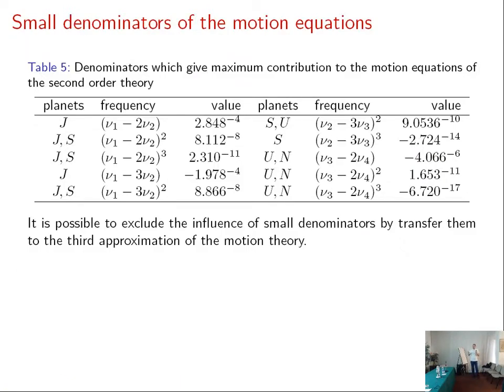Denominators which give maximum contribution to the motion equations of the second order theory are given in this table. The greatest contribution to the difference between two orders of motion theory is given by this denominator.